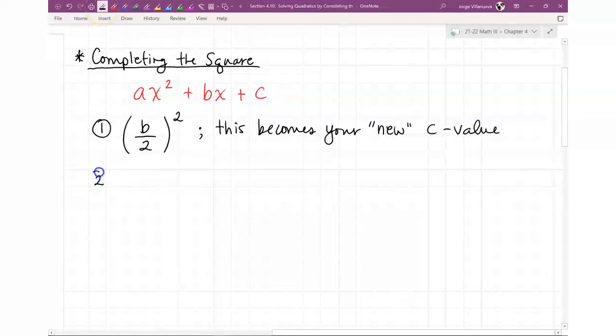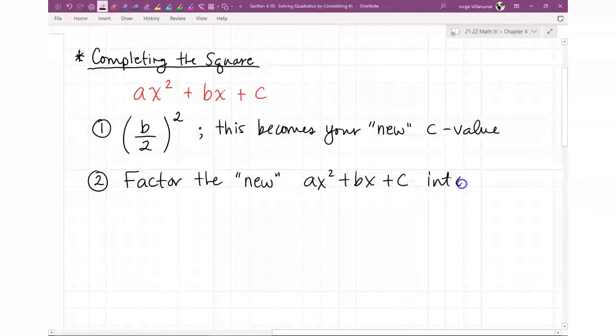Step 2, factor the new ax squared plus bx plus c into a perfect square. Now, what does a perfect square mean? You're supposed to use the x method to factor this.